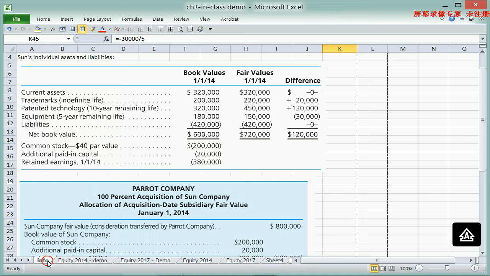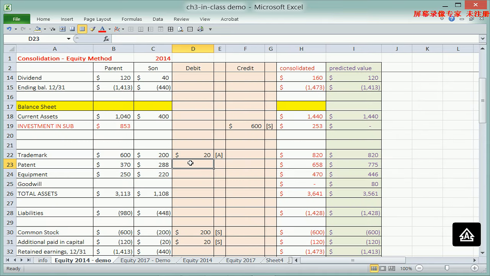Patent, we need to add 130. Now, you will ask me, didn't you just say that it has to be amortized when the time has passed? That's true. But when we do the A entry, this is the rule of thumb. When we do the A entry, we put in the fair value excess up to 1/1, amortized up to 1/1.